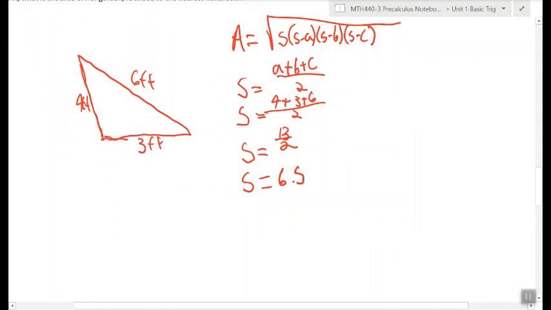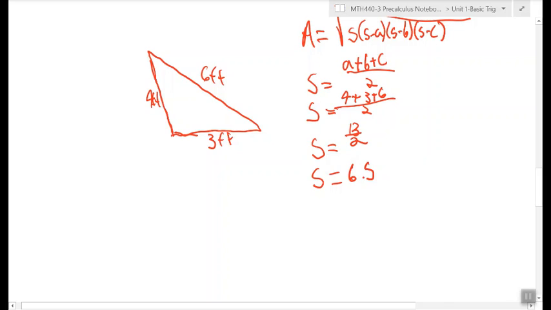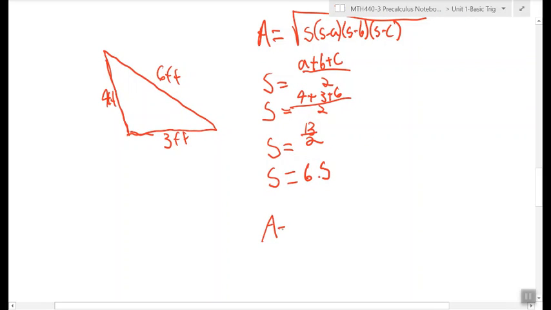Right, so now we plug it in. The area equals the square root of 6.5 times, I am actually just going to put it over 2, 13 over 2 minus a. I'll just label them here, a, b, and c.